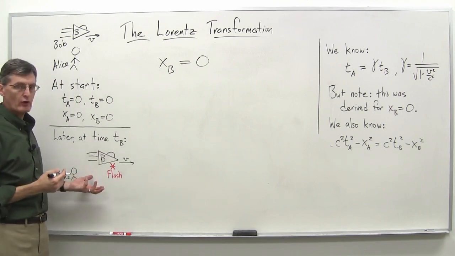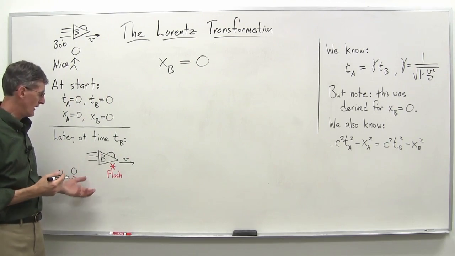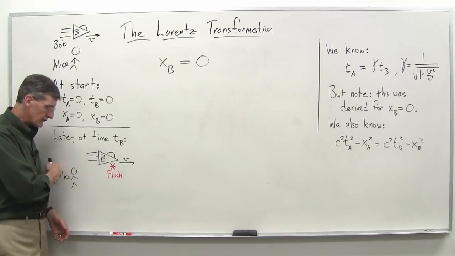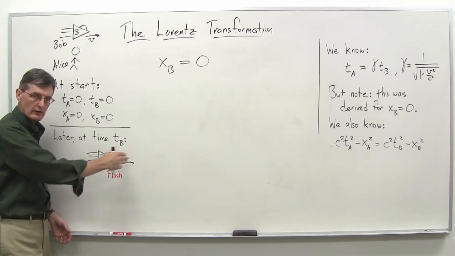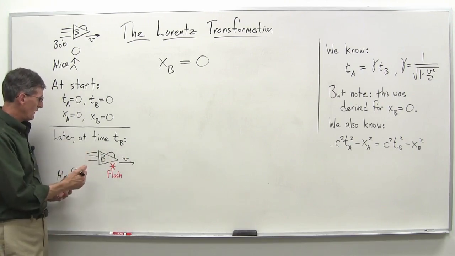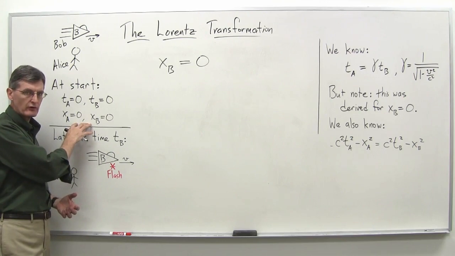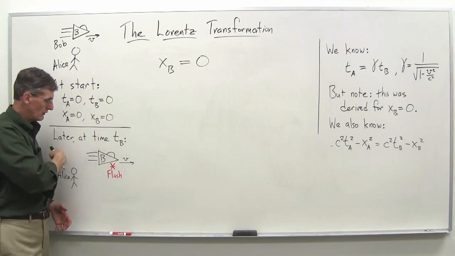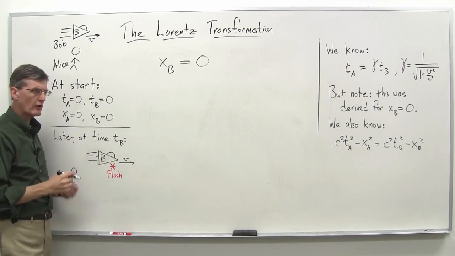What else do we know about that flash of light? Well, where does it occur for Alice? Well, Alice sees Bob traveling along at velocity v. We set it up so they measured everything from the origin, when they were right together a little while ago, and then Bob traveled on.